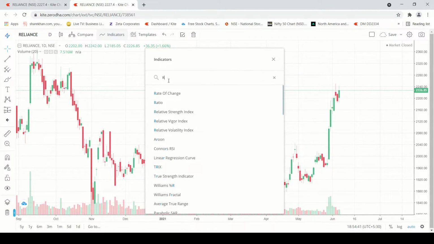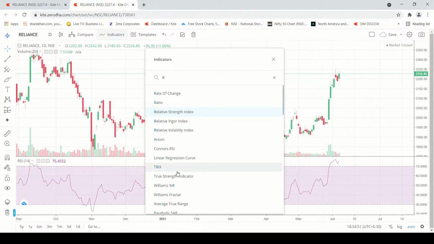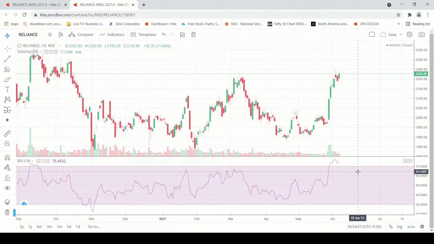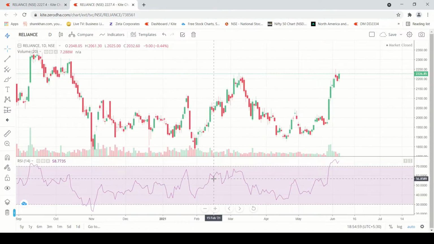Just type R and it will show up right here. Now click the relative strength index and then it will be applied to your charts along the bottom. Okay guys, it's so simple, right?